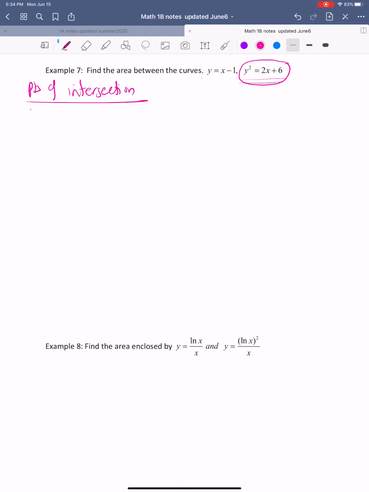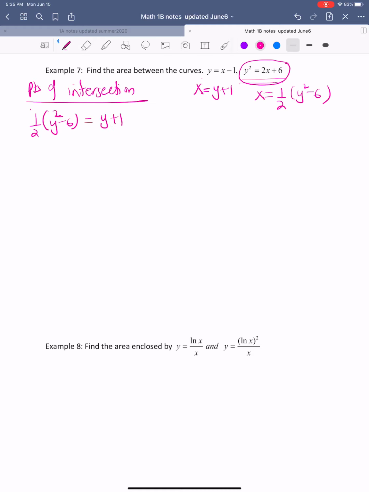I'm going to say x equals y plus 1, and x equals 1/2 y squared minus 3 if I isolate the x from both of them. I wrote x as a function of y in these cases because they were the right and the left kind of curves to me. So 1/2 y squared minus 3 equals y plus 1.